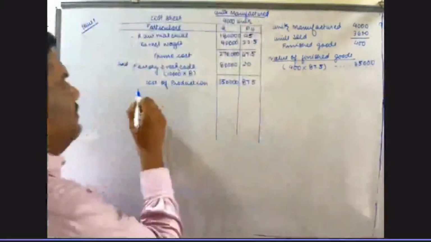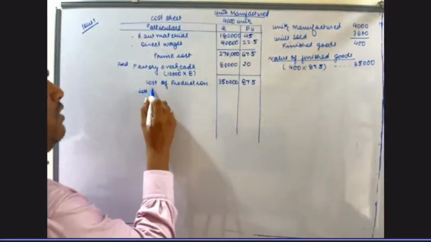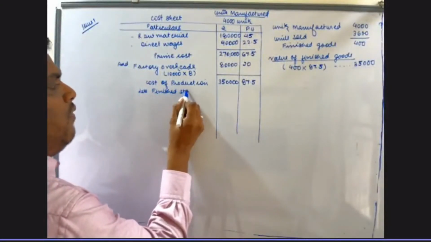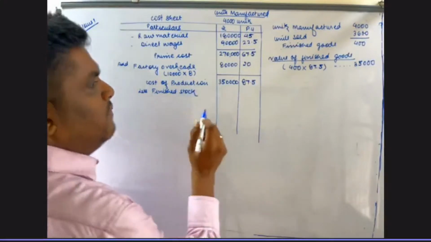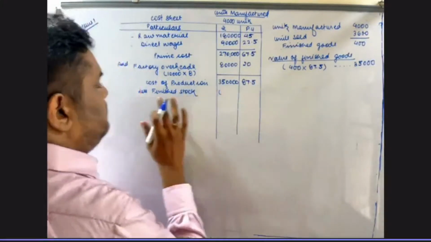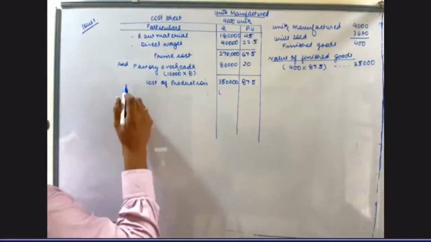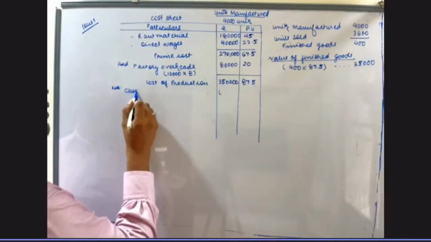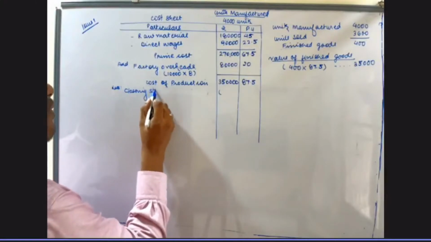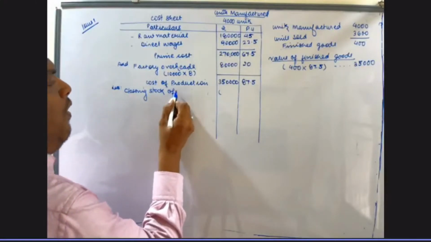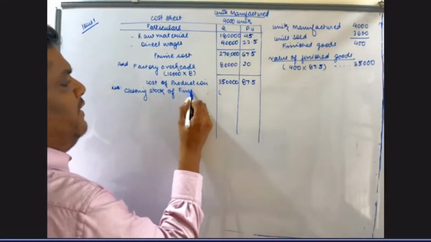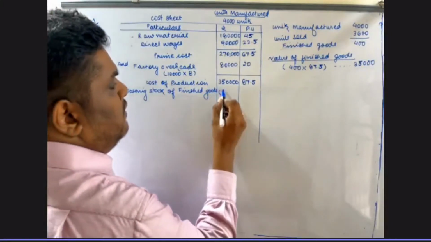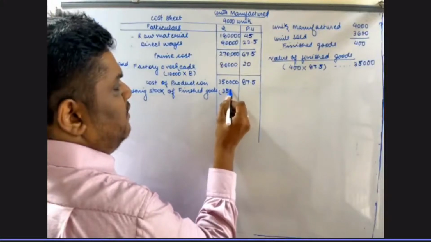So we will reduce the closing stock of finished goods, that is 35,000.